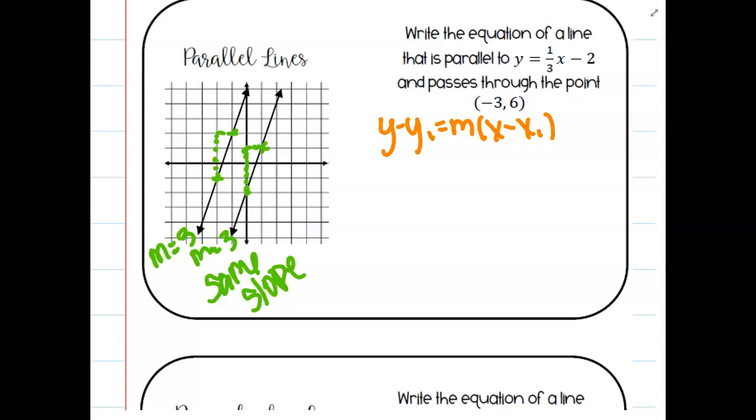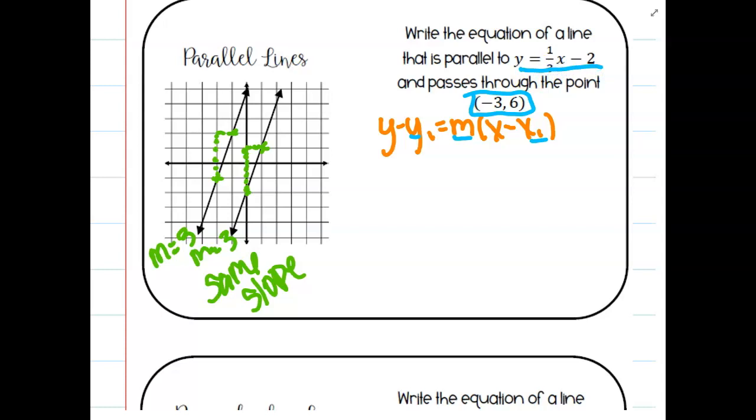Just like yesterday, to use point slope form, we're going to have to plug in y1, m, and x1. The x1, y1 is a point the line passes through. They give me that. That's your x1, y1. Now the slope is going to come from this equation.